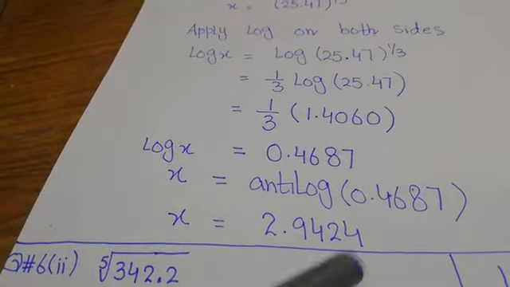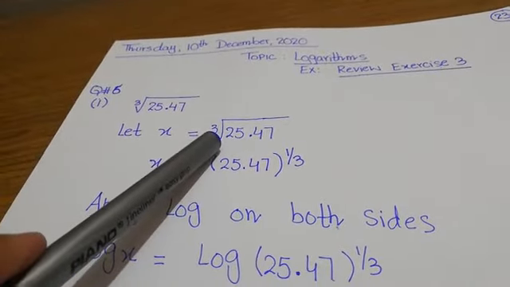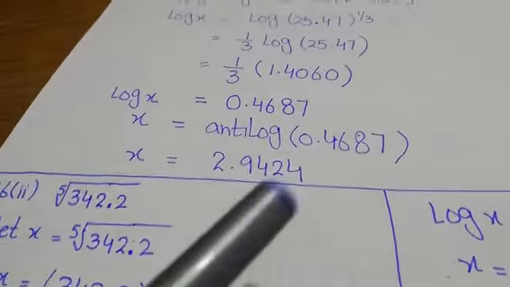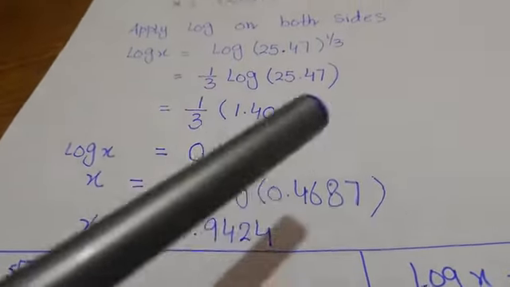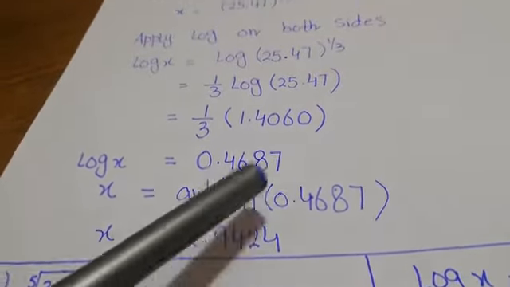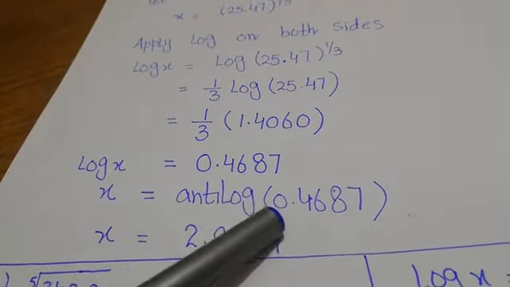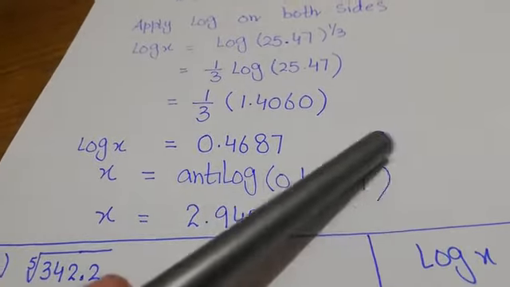Now if you remember, we have to find the value of x only. So we will shift this log to the right hand side and when we change its side, this log will change into anti-log. So it becomes anti-log of this. Now with the help of calculator, take anti-log of 0.4687. The answer is 2.9424.